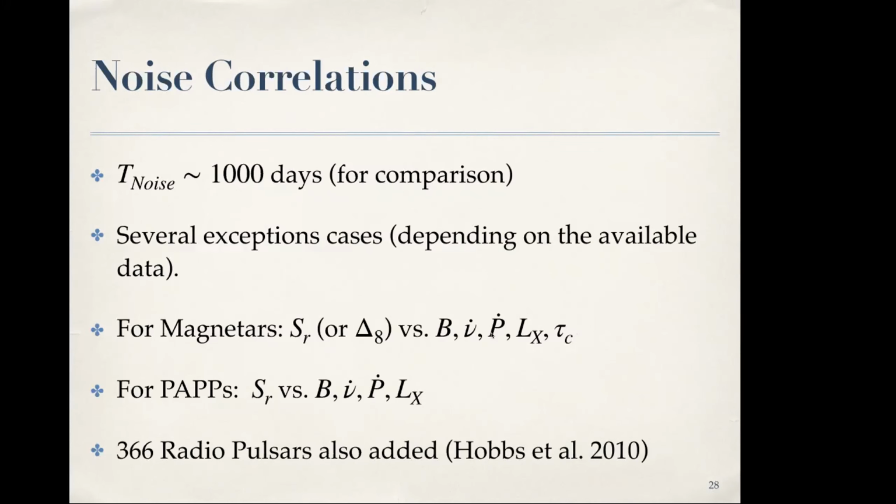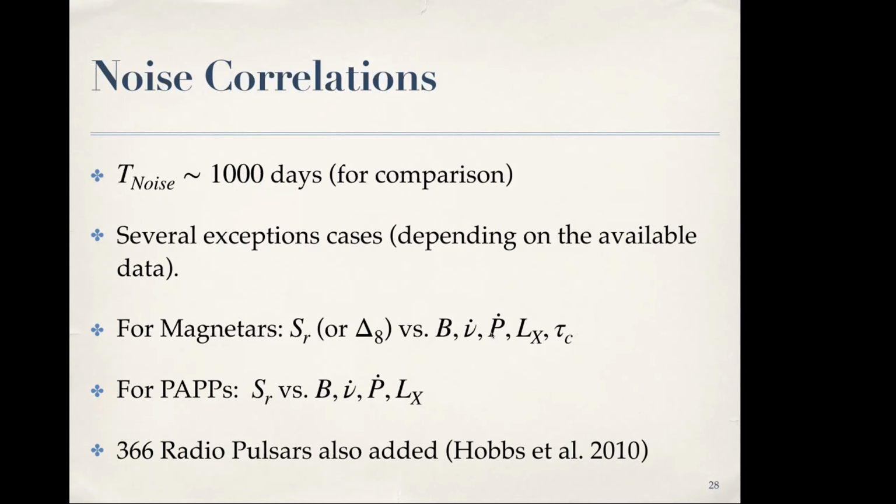For each pulsar or magnetar, the power density estimation on a time scale of approximately 1,000 days is selected for comparison. This time scale preference is favored since the time span of delta 8 calculations is also approximately 1,000 days. That is, 10 to the 8 seconds is almost 1,150 days.